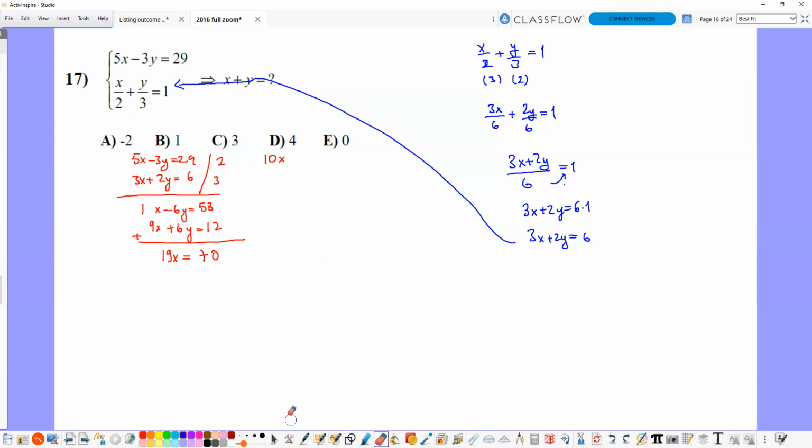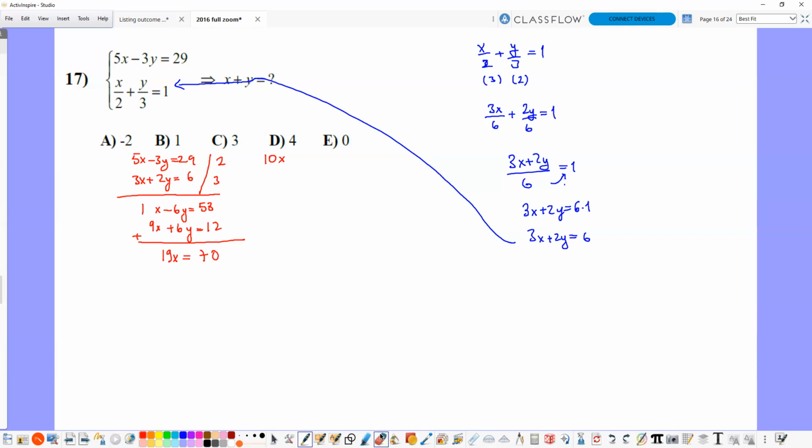What is the problem here? 3x plus 2y is equal to 6. We are looking for x plus y. What is the mistake here? Is there any mistake in the question? 6 times 3 is 18.